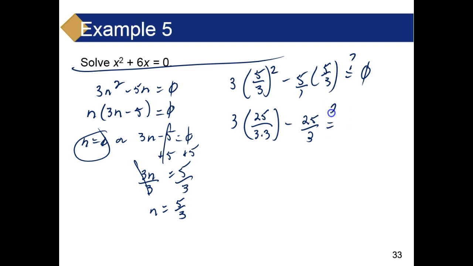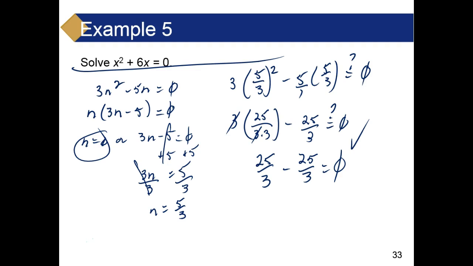Is that equal to 0? Well, this 3 will divide into one of those 3's, right? 3 over 3 is 1. Get rid of that one. And what do we have? 25/3. Yes. Minus 25/3 is, guess what? 0.